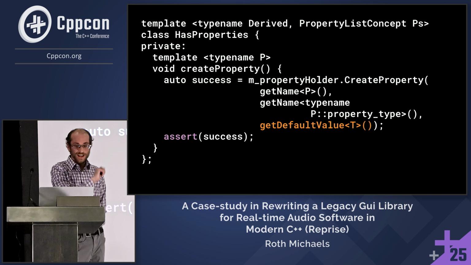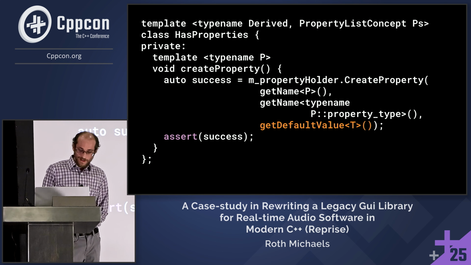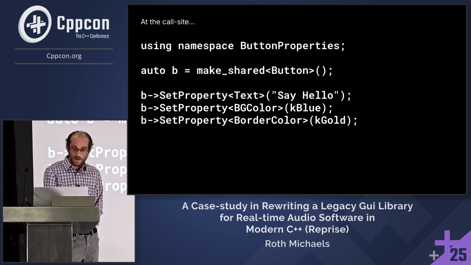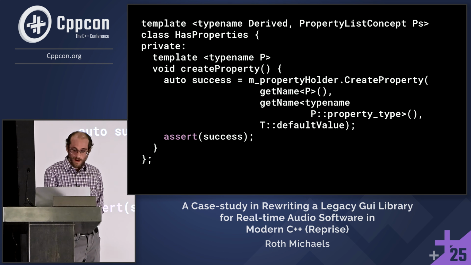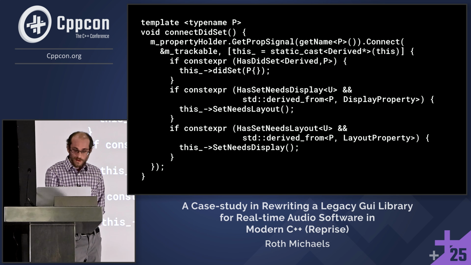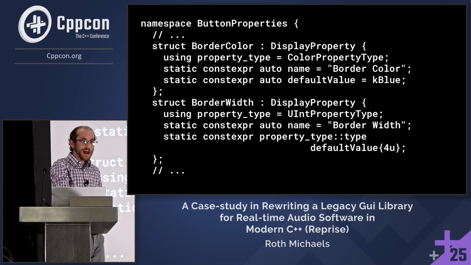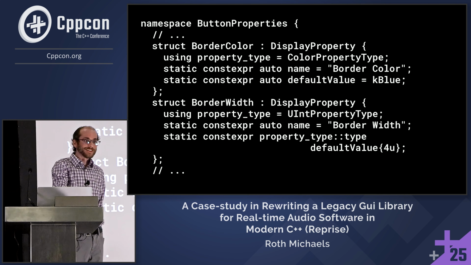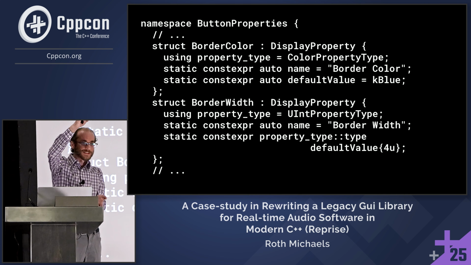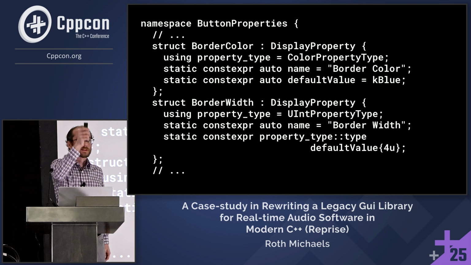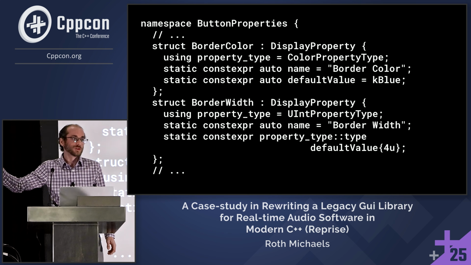But the fact of putting all this stuff declaratively in one place has avoided that. We've never actually made that mistake because all the names of the properties are in one place. But you're right. The other check that we should be doing is verifying that there are no duplicate names.